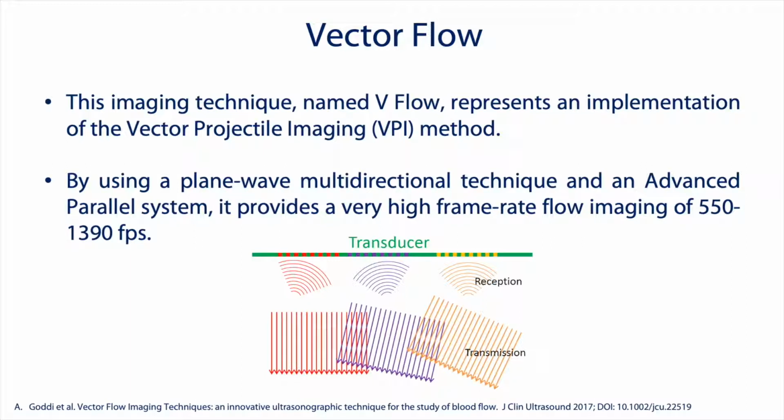It provides very high frame rate flow imaging through multidirectional transmission and reception of plane waves at a PRF between 3 and 10 kHz, achieving about 400 or more than 1000 frames per second, while interleaving high-resolution B-mode imaging.